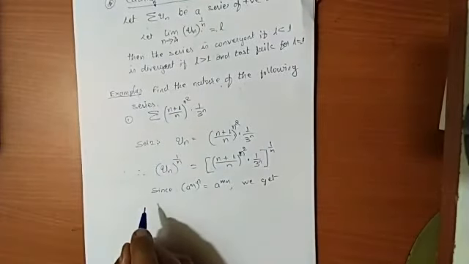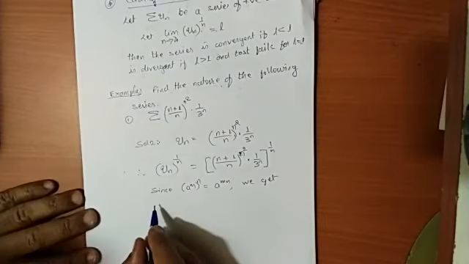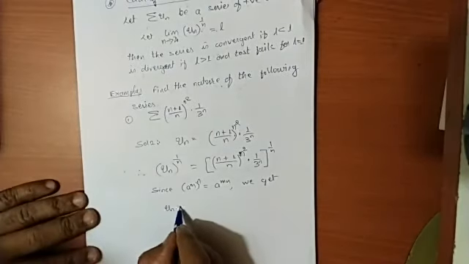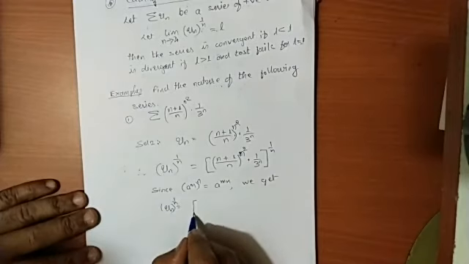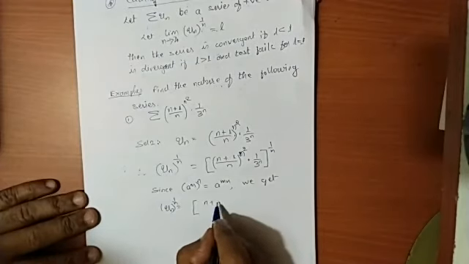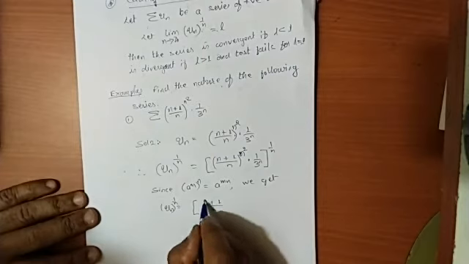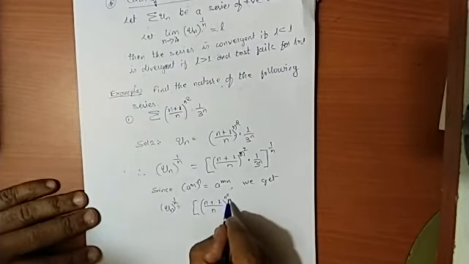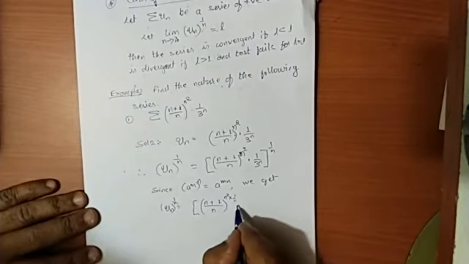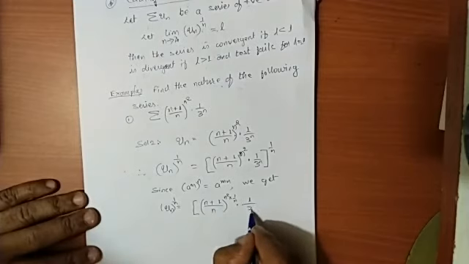So un raised to 1 by n will be (n plus 1 by n) raised to n squared into 1 by n, into 1 by 3 raised to n into 1 by n.